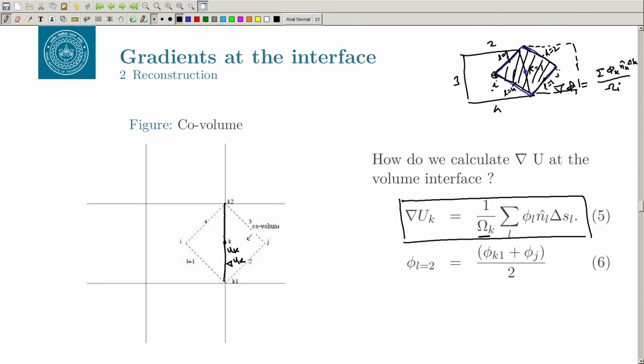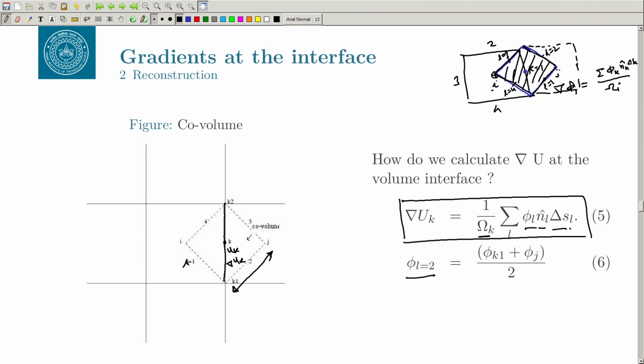So, get the values at the centers of the faces of the co-volume, multiply by the normal there, multiply by the area of each of these co-volume faces, and calculate the value. It is very trivial to get the values at the different L points.